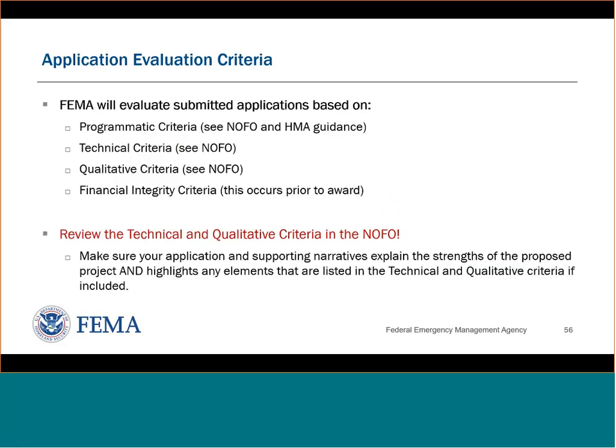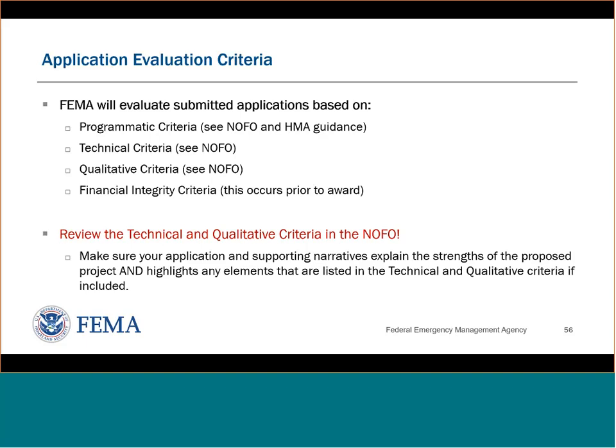FEMA will evaluate submitted applications based on programmatic criteria and technical criteria and qualitative criteria. You can find information about all of these criteria in the NOFO, and you can also find information about programmatic criteria in the Hazard Mitigation Assistance Guidance.